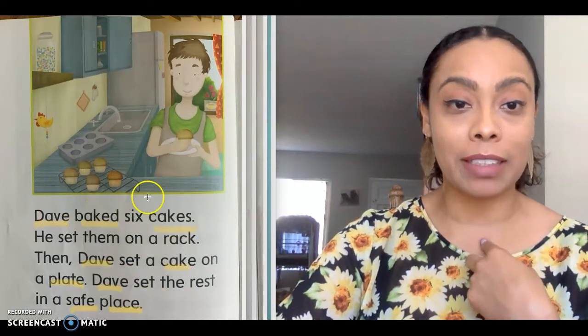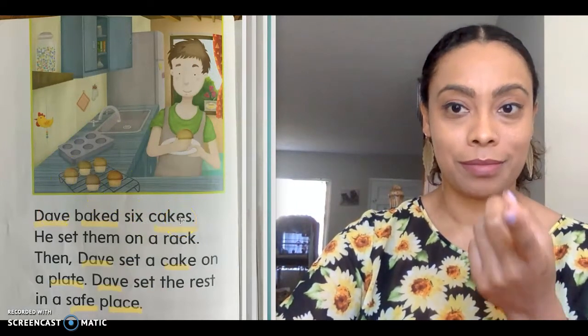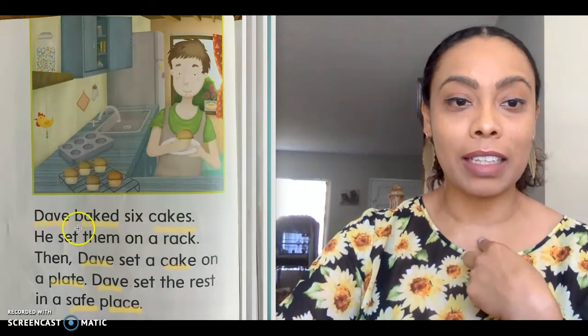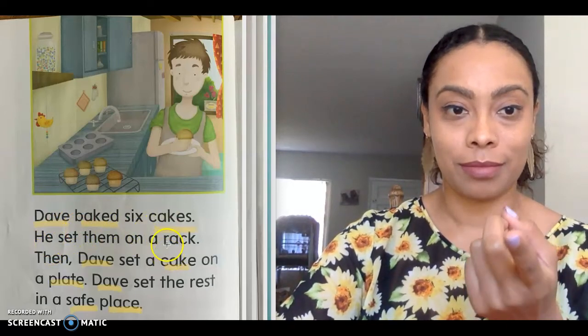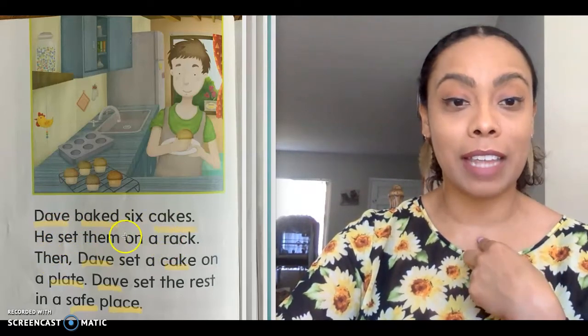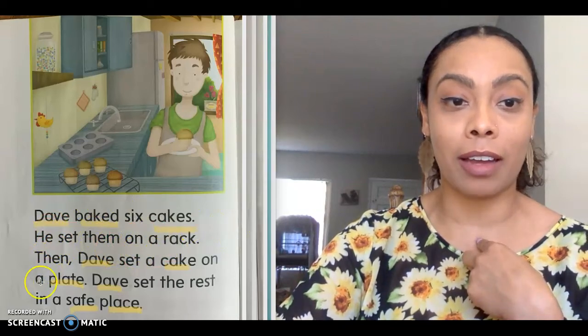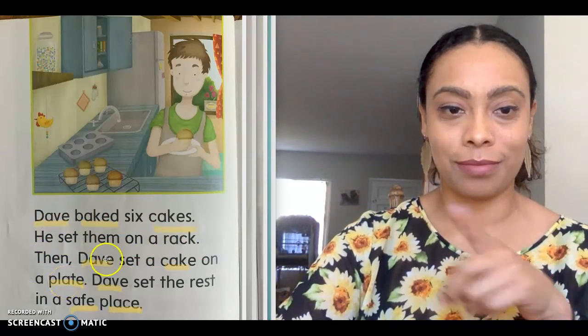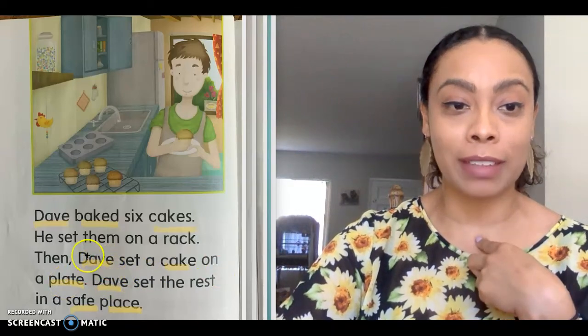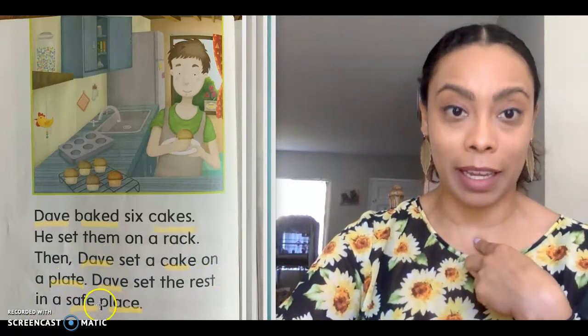Dave baked 6 cakes. He set them on a rack. Then Dave set a cake on a plate. Dave set the rest in a safe place.